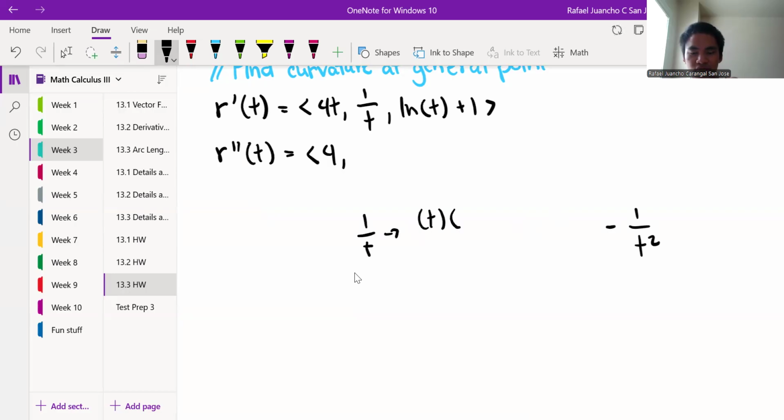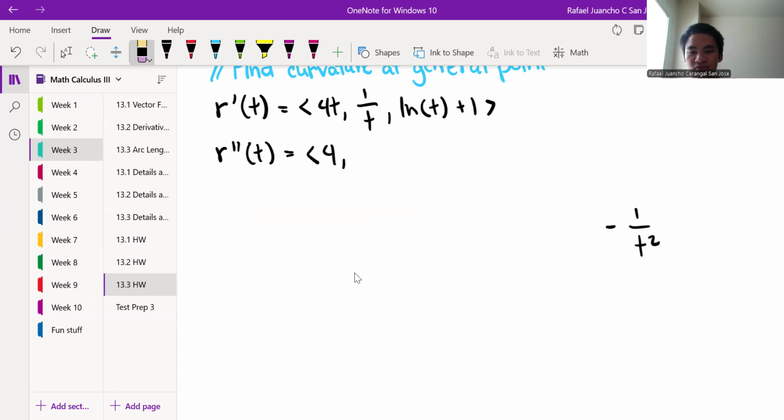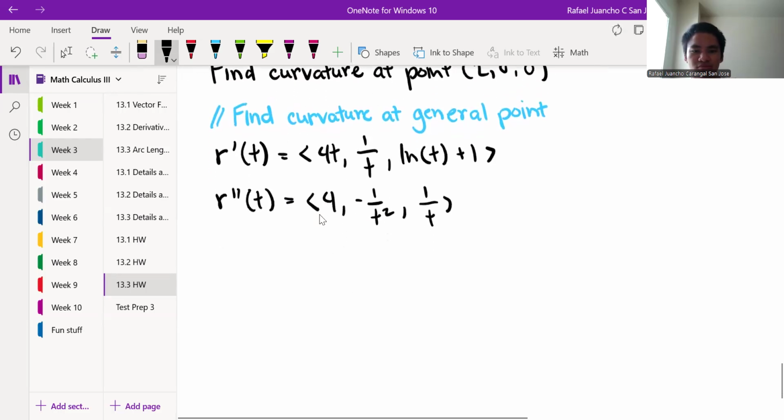So low d high, so derivative of high, minus high, derivative of low over low squared. This will give me 0, because the derivative of this is 0. This will give me 1, so -1 over t squared. So either way, both work. So yes, this is -1 over t squared. And lastly, the derivative of this thing, we have 0 here. This one's 1 over t. And we're done. We got that.